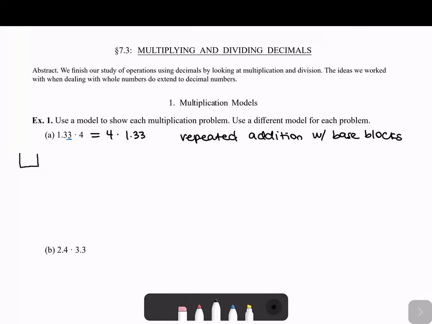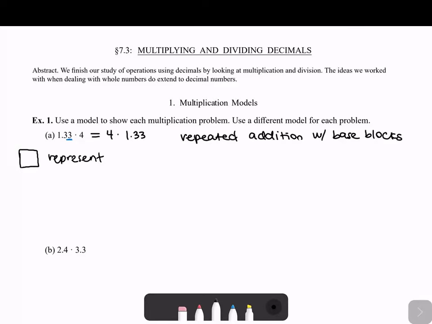So one clever way to know what's going to represent 1 is that normally our unit is a 1, our long is a 10, and our flat is 100 in normal base 10 blocks when we're not dealing with decimals or fractions. So if your smallest place value is a tenth, then the long will represent 1.